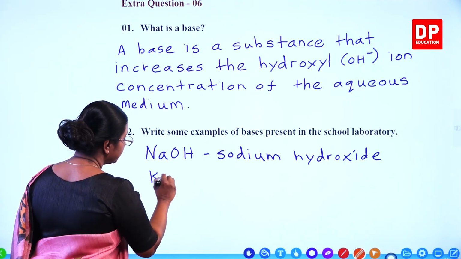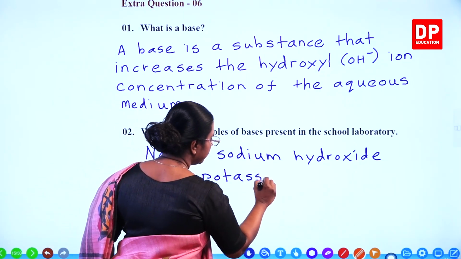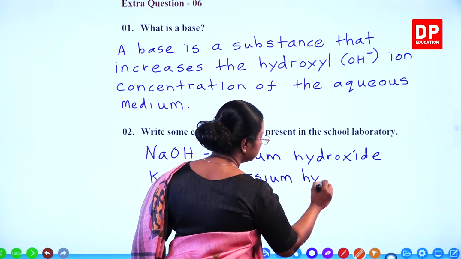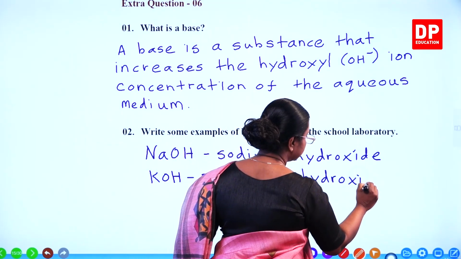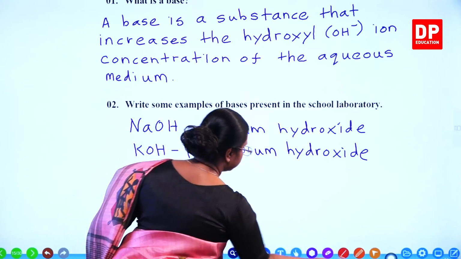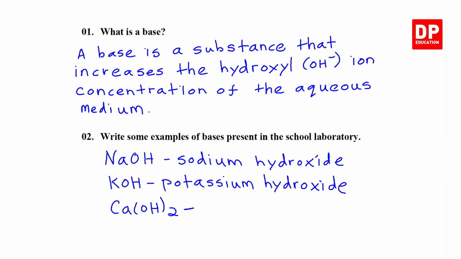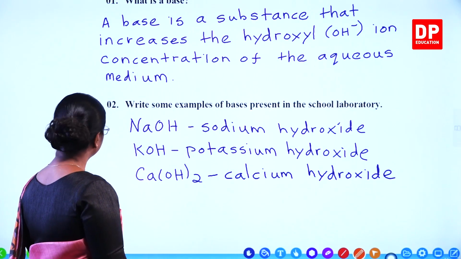Then we have KOH, potassium hydroxide, we have CaOH twice, calcium hydroxide. So these are all different types of bases that are present in the school laboratory. With that, I will move on to the next one.